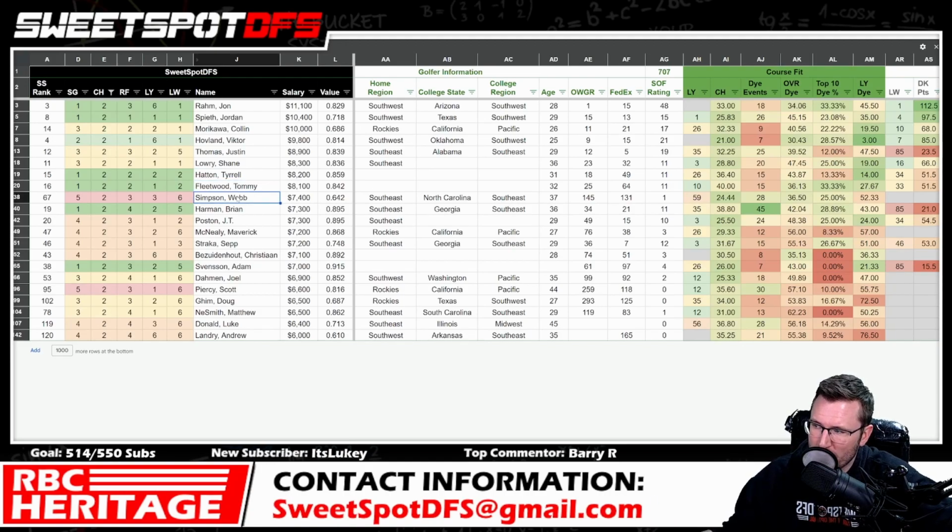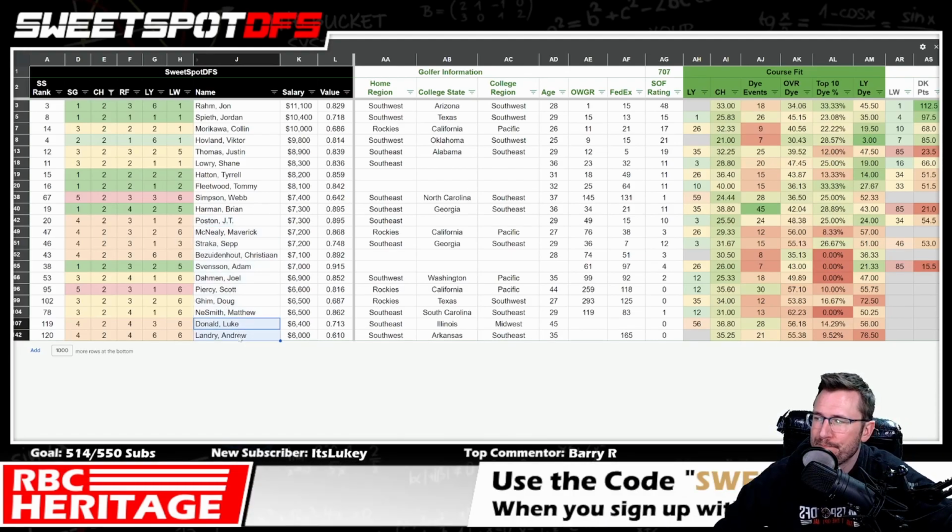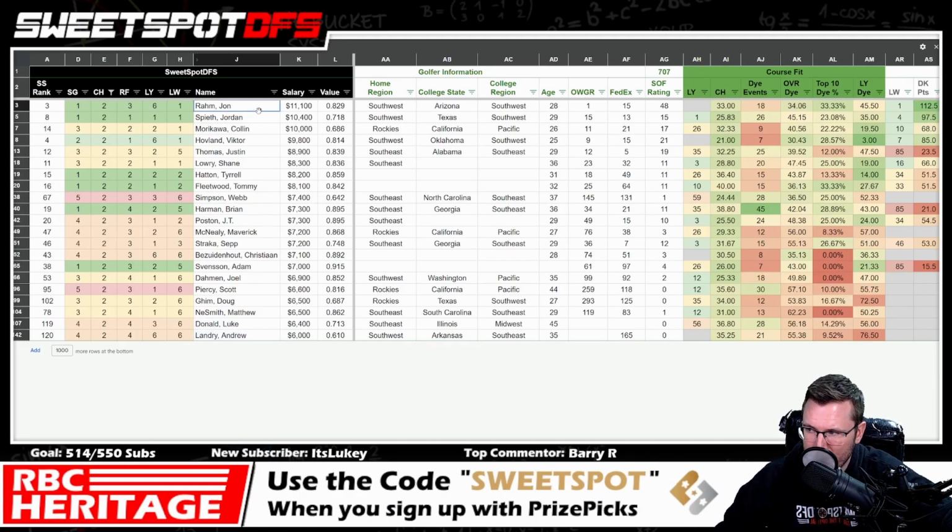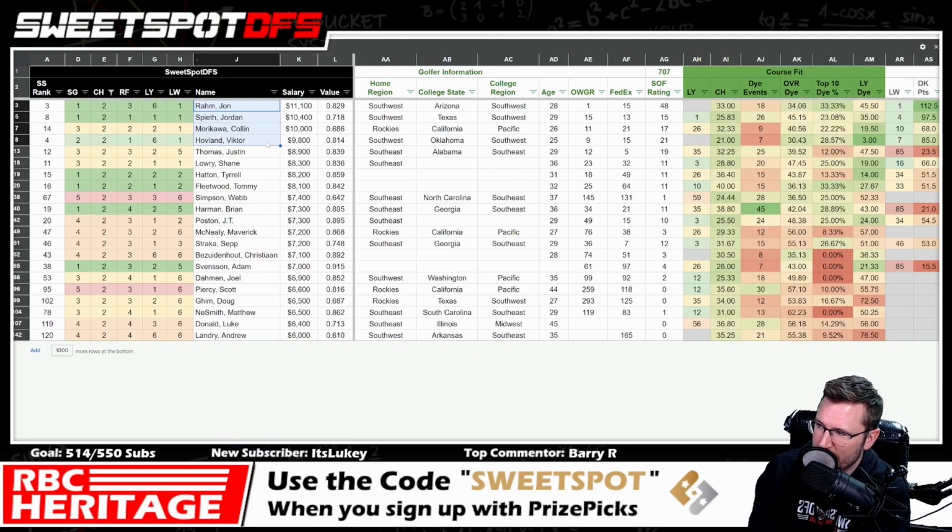Probably pumping the brakes on Webb Simpson, although I don't mind playing him. He's 67th in my model. I usually don't play anyone above 100, which we can see Doug Gim down here with Luke Donald and Andrew Landry. It's Patrick Cantlay or it's one of these 3 10K golfers to anchor your lineups around, I feel like. Or we'll see what the next bucket is with the course history 3s.